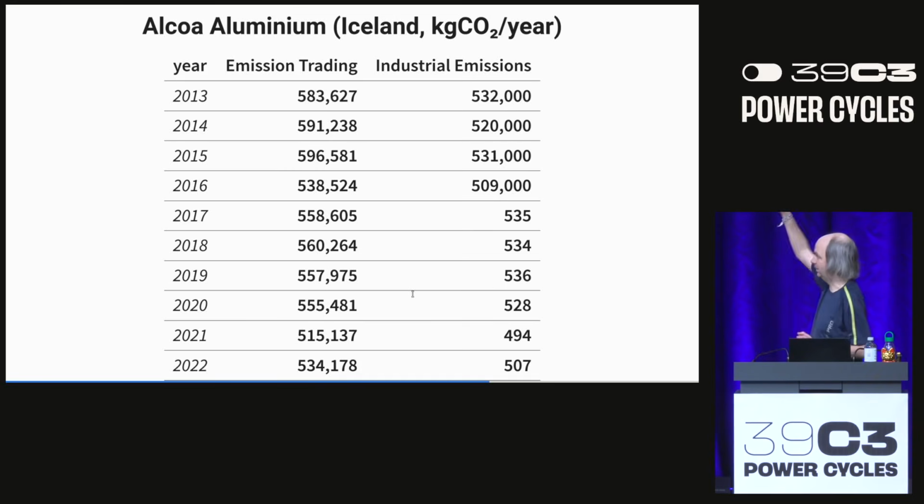So again, on the left side, you have something that looks very believable. The emissions are always roughly in the same range. That seems believable, that the same factory would have the same emissions usually. And I guess it's the same issue, that they have entered these numbers in the wrong unit.